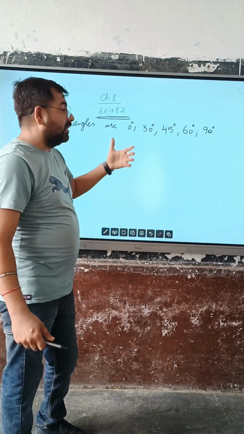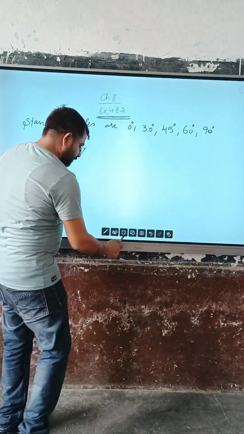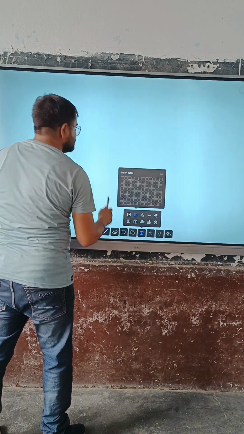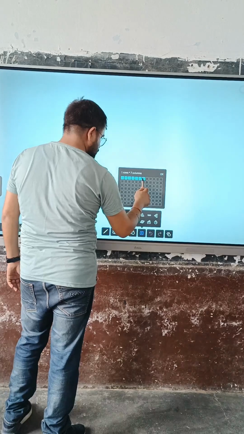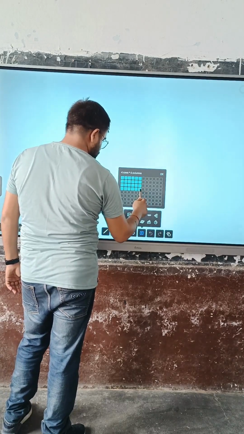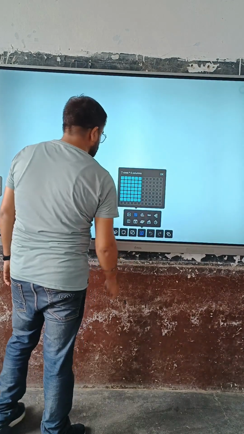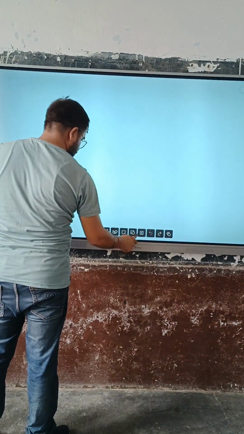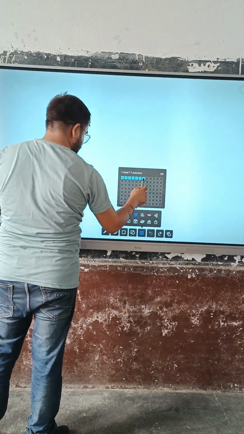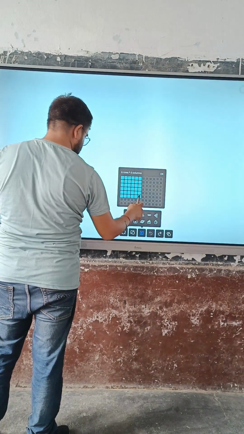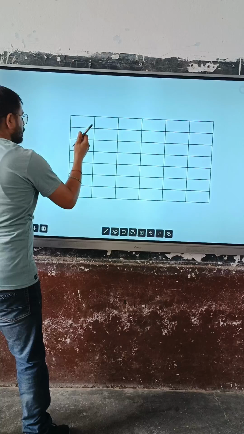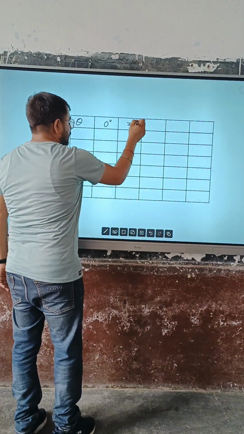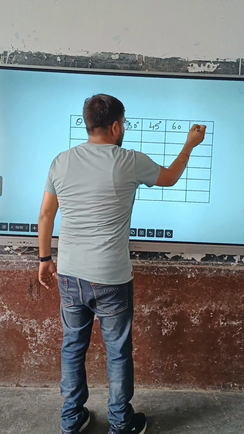The values of the trigonometric terms at these angles are: first is theta, 0 degree, 30 degree, 45 degree, 60 degree and 90 degree.